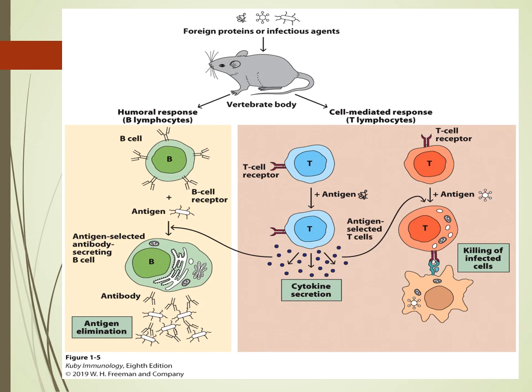This mouse also will generate a cell-mediated response from the T cells. Here on the right panel, we can see our T cell that has our T cell receptor. It would recognize the antigen, and then we could have cytokine secretion. What we see on our blue T cells, those cytokines then can cause other T cells to become activated, and they can actually go and kill infected cells.